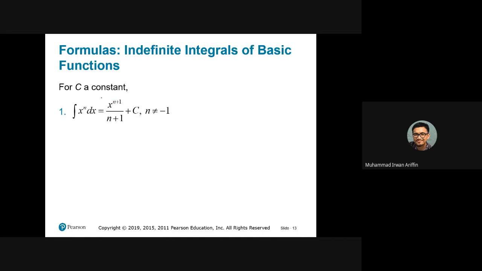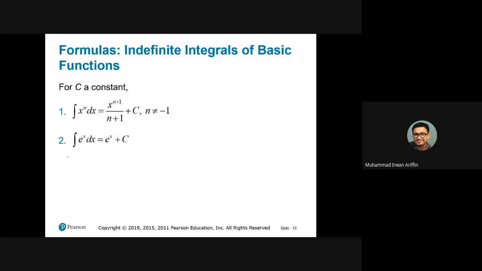We reverse the process of differentiation, so for the power we add 1, and at the same time we multiply the function by 1 over n plus 1, or divide by n plus 1, provided that n doesn't equal negative 1.